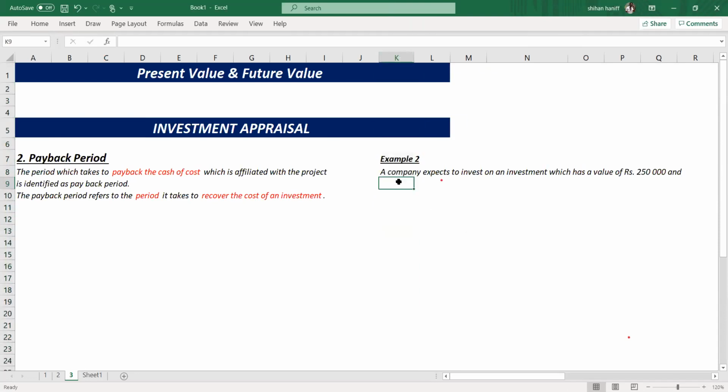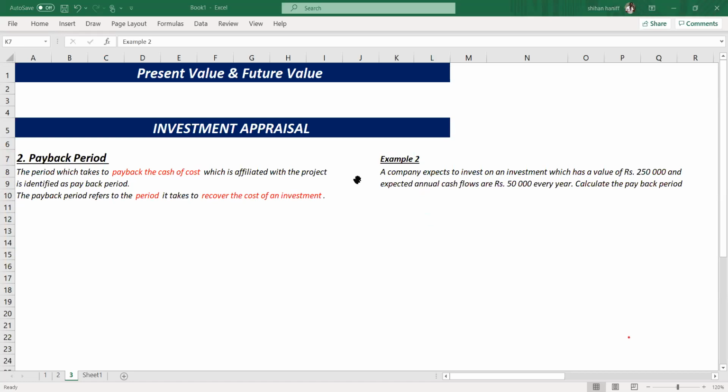A company expects to invest in an investment which has a value of 250,000. Expected annual cash flows are 50,000 every year. Calculate the payback period.